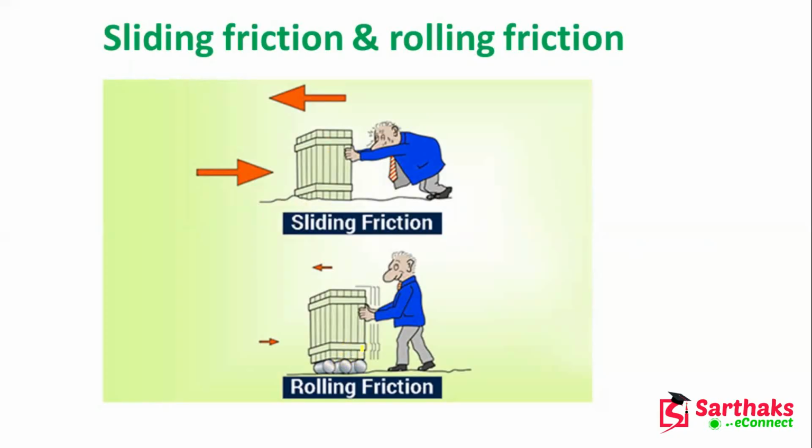So it is very easy to push that thing, because the rolling friction is less than the sliding friction. Right? You can see that this man, our grandfather, is very easily moving this one, whereas the other man has to put a large amount of force to overcome the sliding friction.